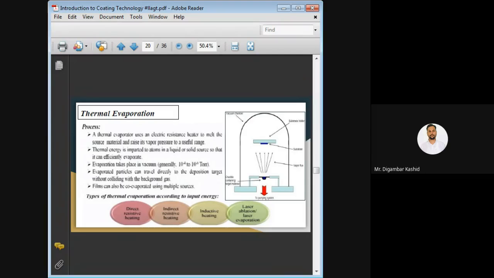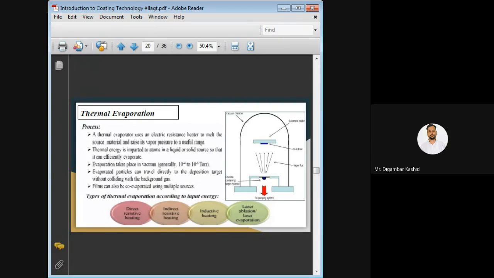Then the second is indirect resistive heating. Here the evaporation material is put into a container, called the boat, and a spiral wire or ribbon or crucible is used for that heating. Then induction heating: here the material is heated by high or low frequency induction, and the evaporated metal has to be conductive in case of inductive heating.